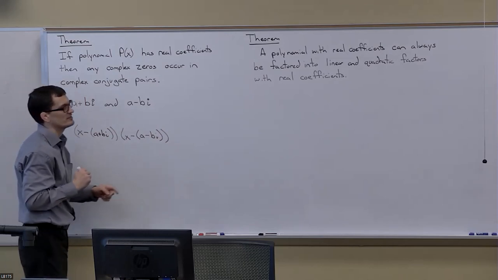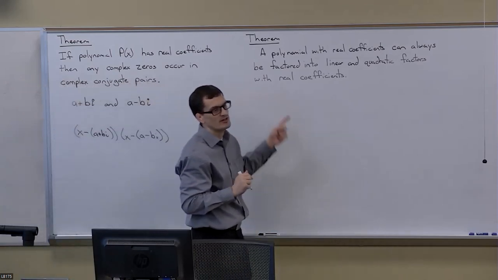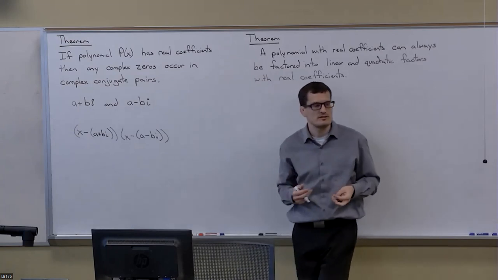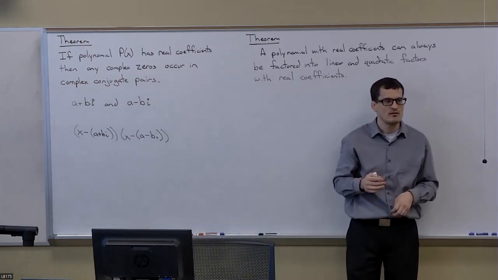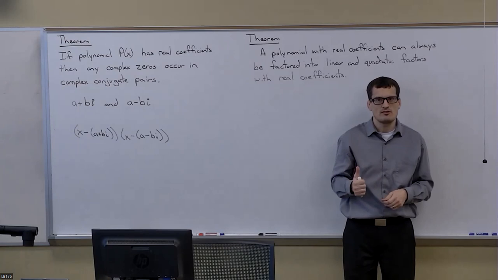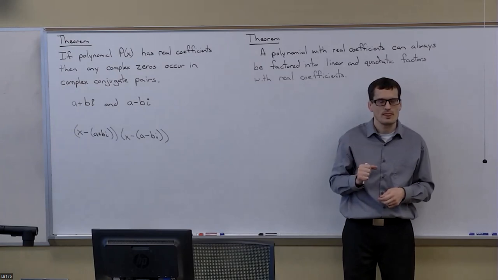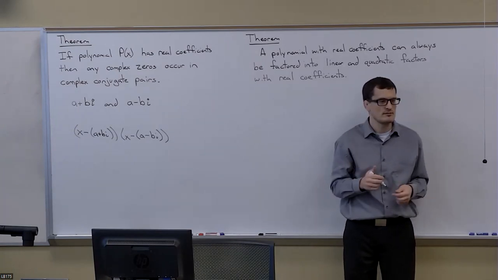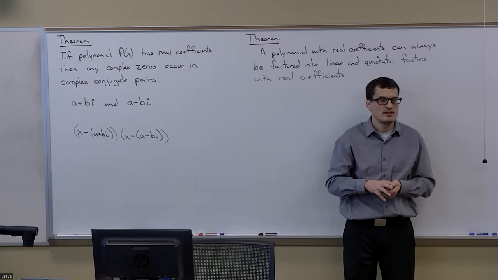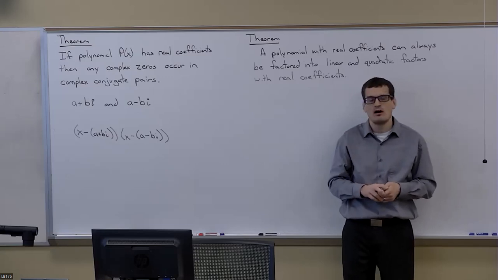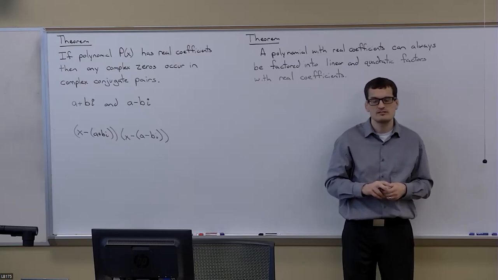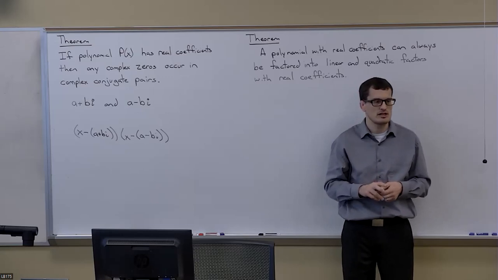So this theorem kind of puts together two of the theorems we've dealt with now. If I have a polynomial, I can factor it into n linear pieces over the complex numbers. If it has real coefficients, those complex zeros are going to occur in conjugate pairs.